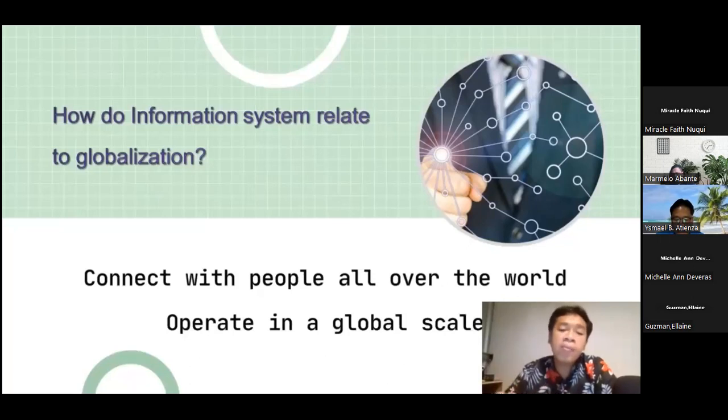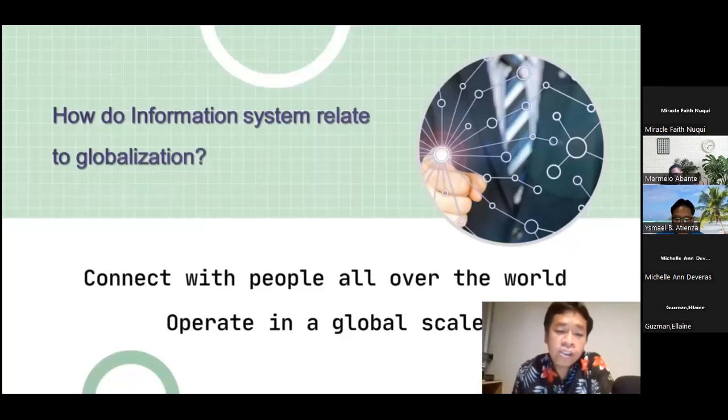For example, a company in the United States can use information systems to communicate with its suppliers in China, manufacture the product in Malaysia, sell those products to its customers in Europe, and do the back office or accounting in the Philippines. This level of globalization would have been almost impossible without the use of information systems.